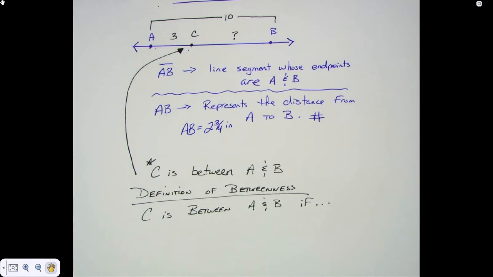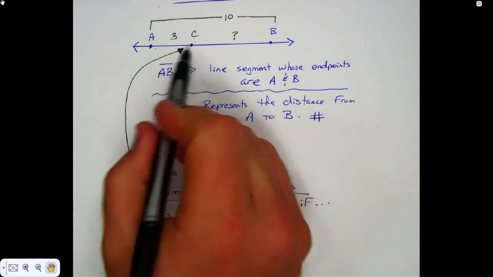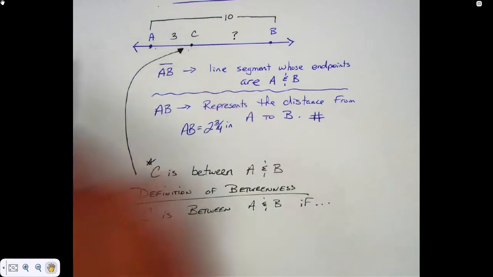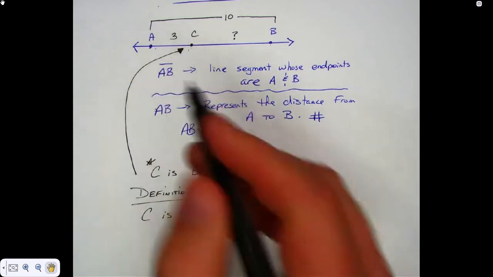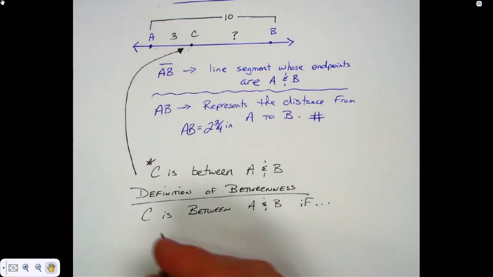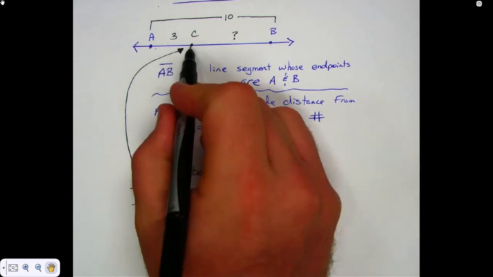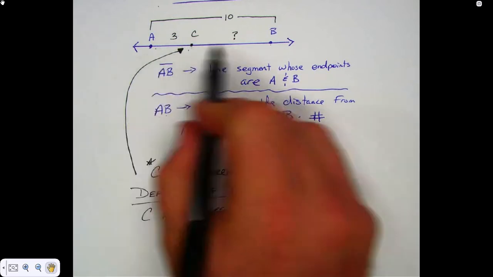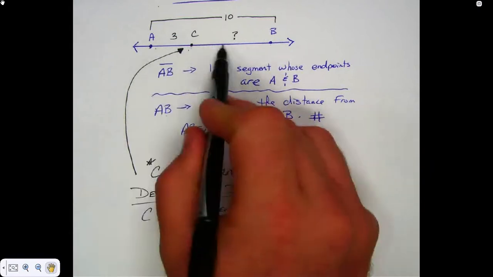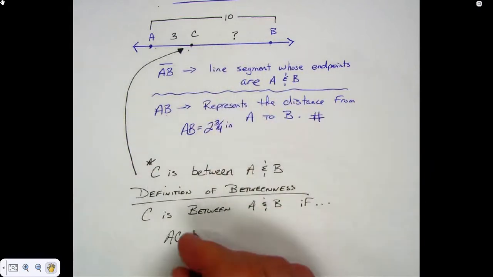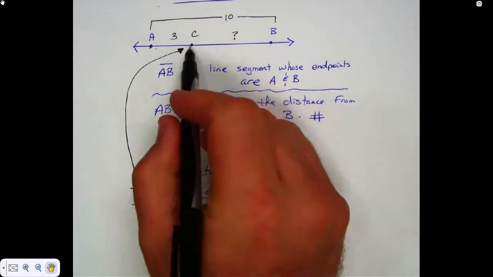So A to C, when I want to combine these two, what sign or symbol do I use? So AC plus, what could I use to represent the distance from C to B? CB. Now when I want to say this and this are the same as something, what do I use? Equals.